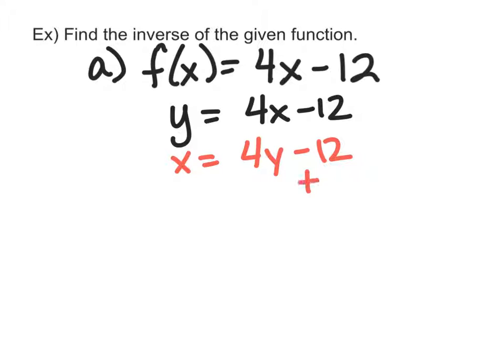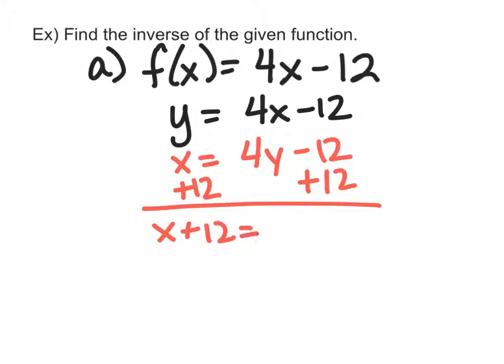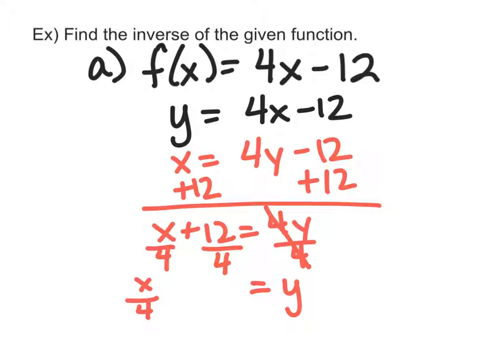So when I do that, first step, I'm going to add my 12 over. I can't combine my x and my 12, so it's just x plus 12 equals 4y. Next step, I'm going to divide by 4. I'm going to cancel that out, but if I divide one thing by 4, I need to divide the whole thing by 4. So my answer is y equals x over 4 plus 3.